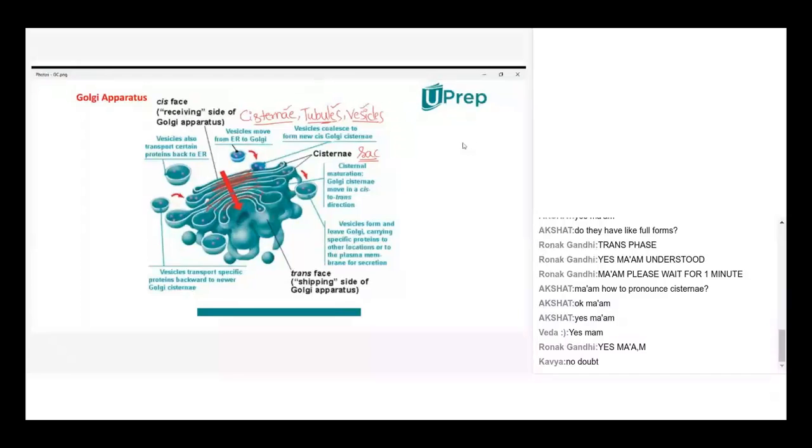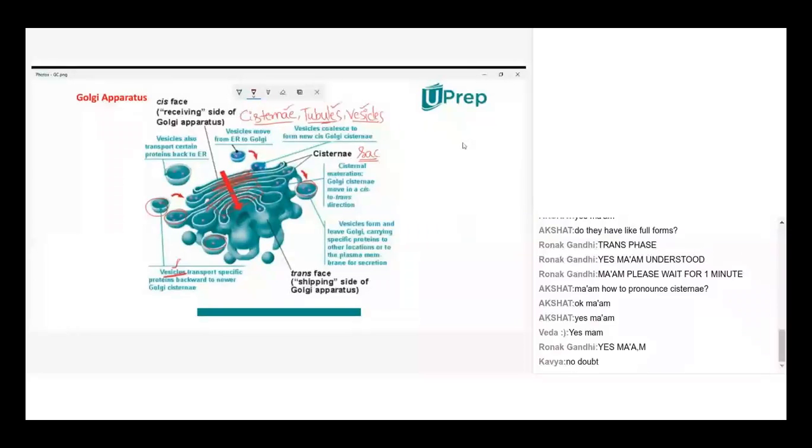This part is tubules. Then from the tubules we will get some rounded structures moving out of the cisternae and tubules. These are called vesicles. Cisternae, tubules, and vesicles, all these we find in the endoplasmic reticulum as well as in the Golgi complex, because both are dealing with proteins. That's why we find almost similar structure.